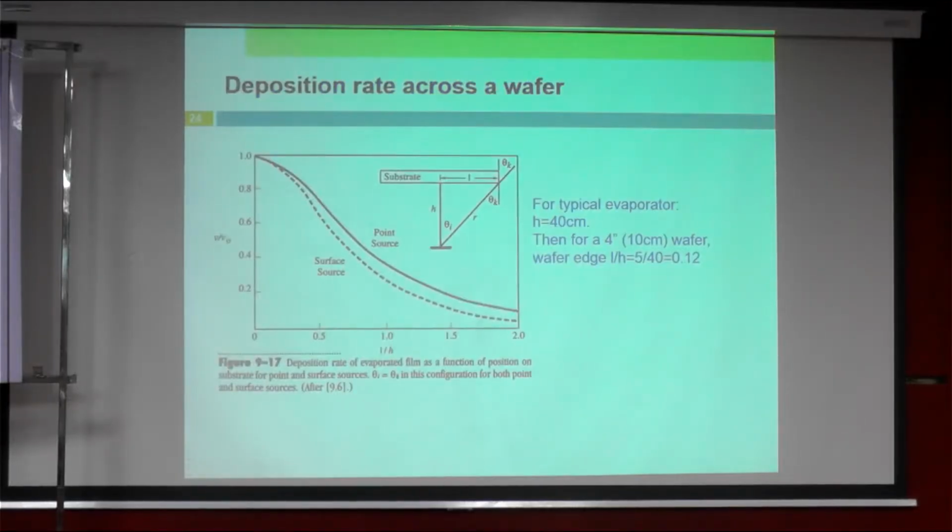Deposition rate across a wafer. So you have a wafer substrate here. This is the whole width of the substrate. Then you know which part will be thicker and which part will be thinner, because the mean free path of the evaporated material will be different, because the distance and the direction from the bottom to the top will be different mean paths.